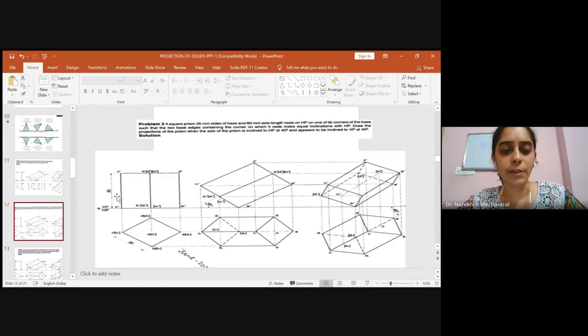Again, keep one end of the compass here and measure 60 mm. So you got all these 3 points. Darken this immediately: this longer side, and these shorter sides or edges. So now you have shifted the first stage front view into 40-degree inclination to HP.